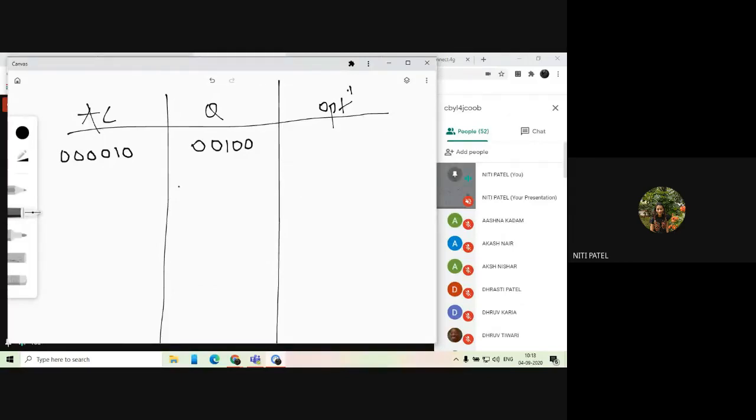So we have performed restoring here since the content of AC was 1. So Q0 was set to 0 and then we did AC is equal to AC plus M, and we have restored the original value before performing subtraction, where the contents of AC were 0, 0, 0, 0, 1, 0 and contents of Q were 0, 0, 1, 0, 0. So we have restored the value. Check your answers with the one on the screen.